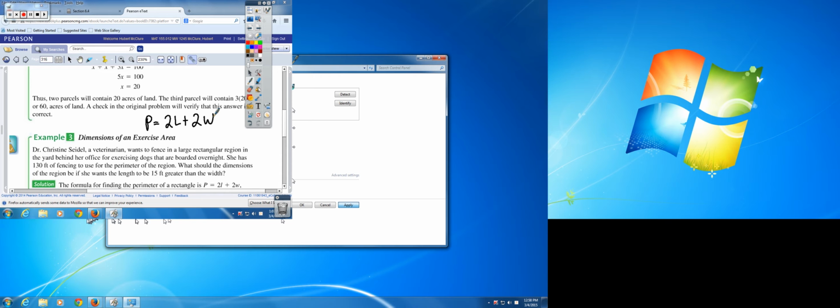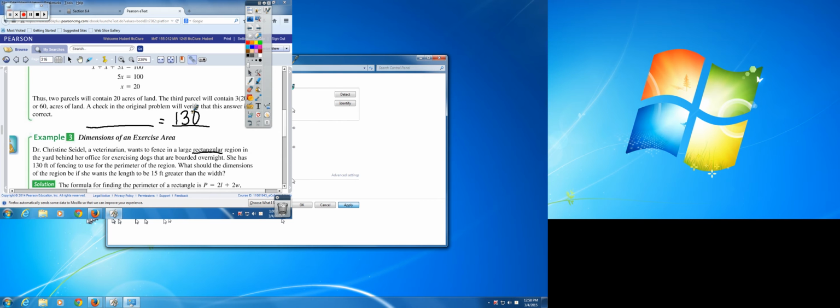Okay, now you've got to read the question. She wants to fence in a large rectangular region, and she has 130 feet of fencing. So let's turn this around. We've got one side equals the other side, and what goes on the right hand side? 130.